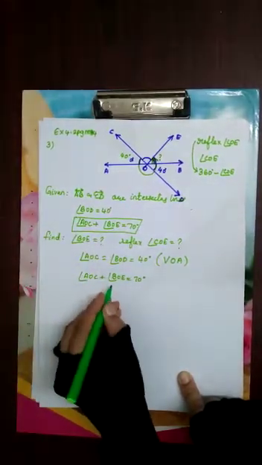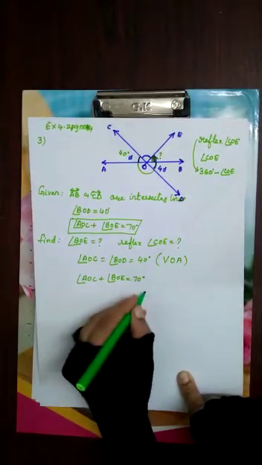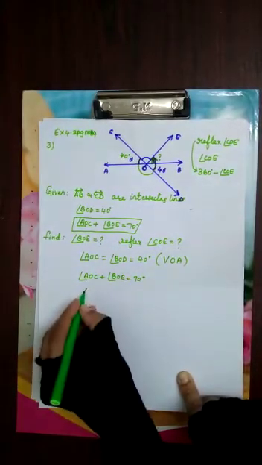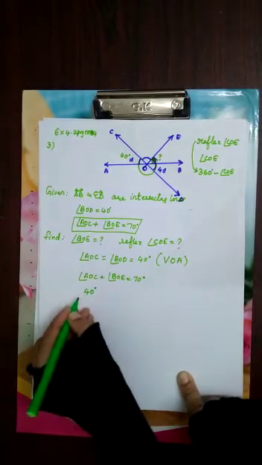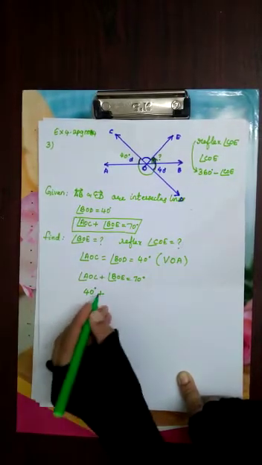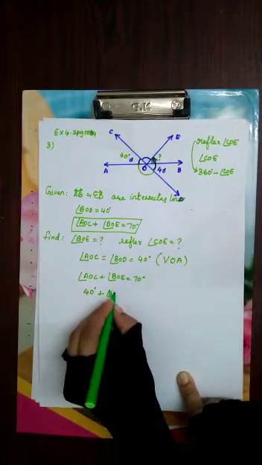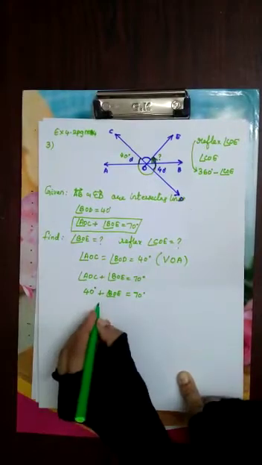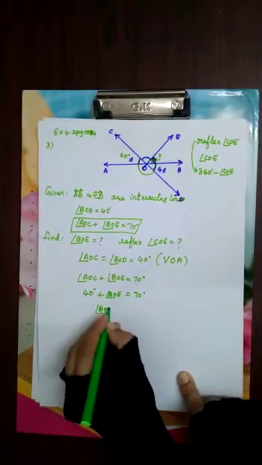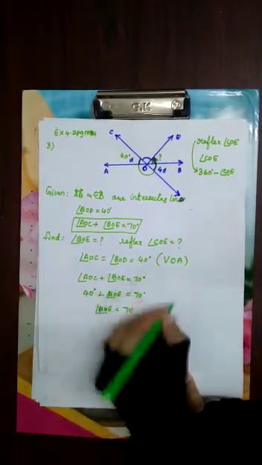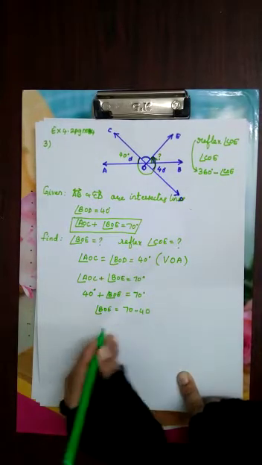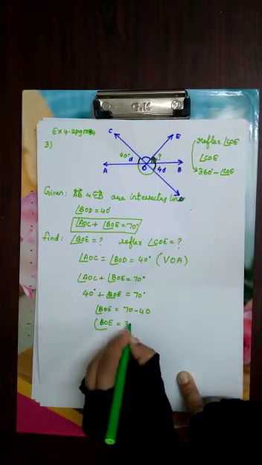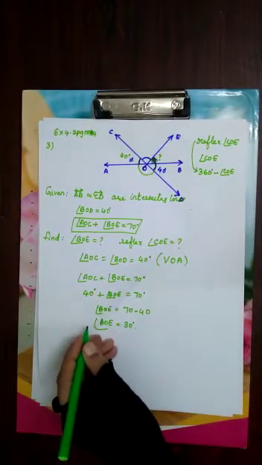We have just now found angle AOC as 40 degrees, so let us substitute it. 40 degrees plus angle BOE, we have to find the value of angle BOE, is equal to 70 degrees. So angle BOE will be equal to 70, when we take 40 to the other side, it becomes minus 40. So angle BOE is equal to 30 degrees. Okay, is that clear, children?